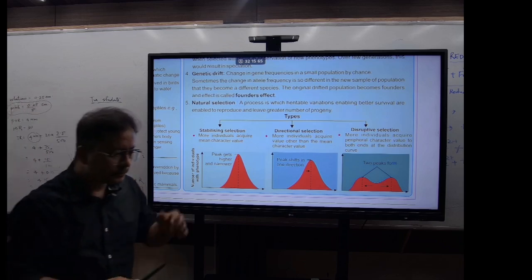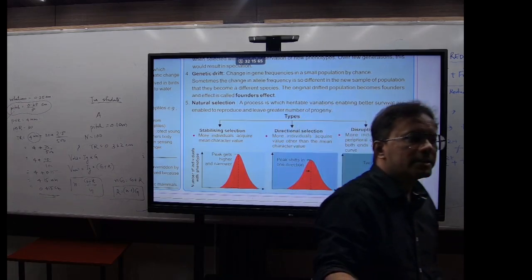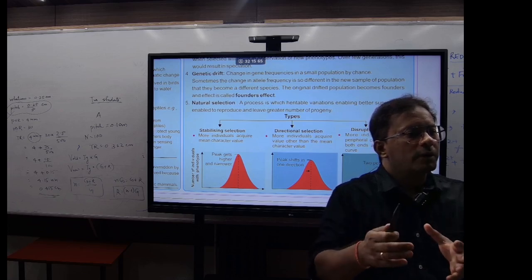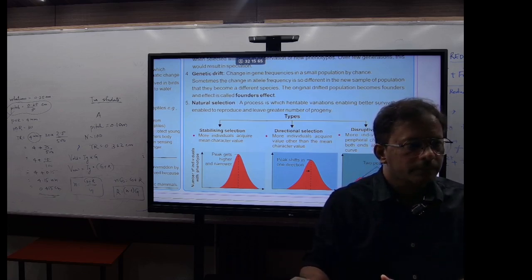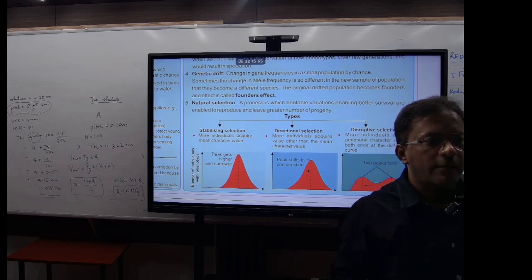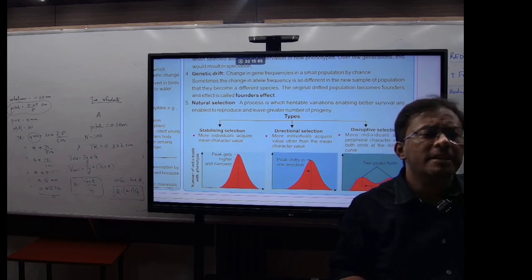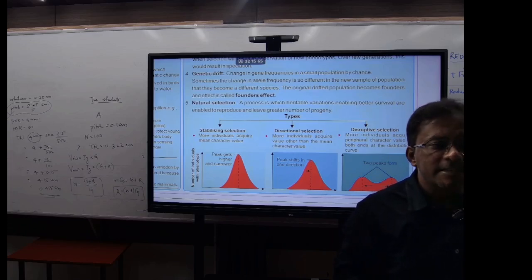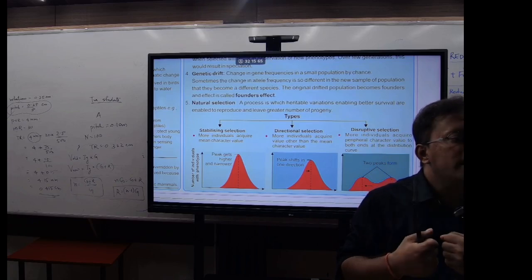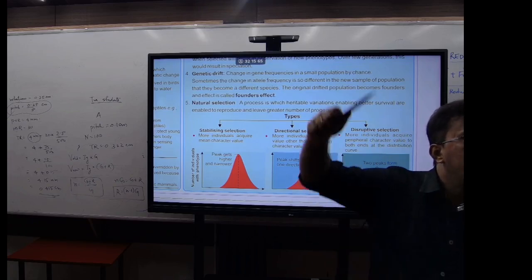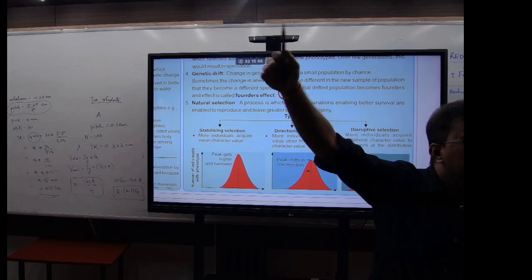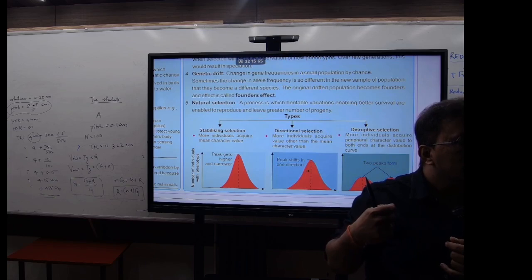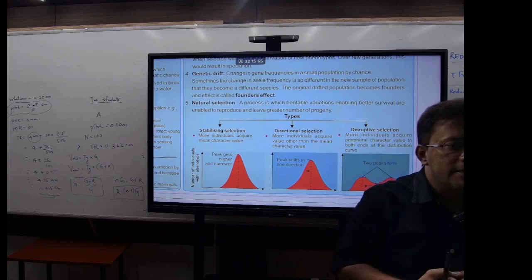For example, in tropical regions, most people have the skin color of either brown or black. If you go to sub-Saharan areas like African countries, the skin color is completely darker. Why? They have more melanin in their skin to protect them from the UV light. And if you go to temperate regions, the skin color of those people is very light because they have to conserve the heat inside.